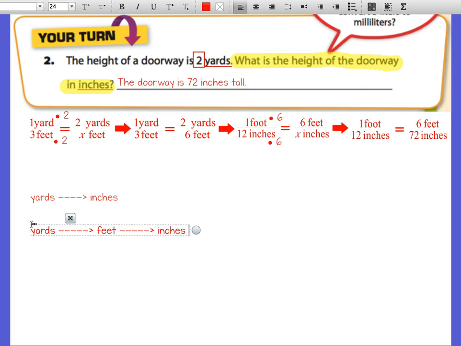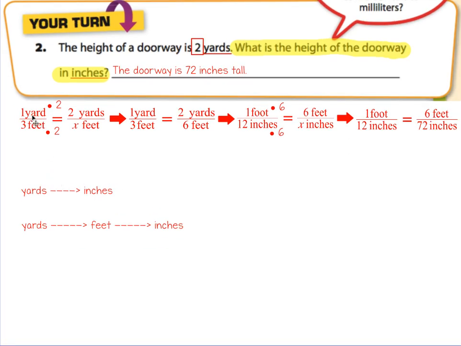I don't know why I put another line because we don't have to go past inches. Okay, so here what we did was we said, all right, we have 1 yard for every 3 feet and we have 2 yards, so we're going to convert those 2 yards to feet. To go from 1 yard to 2 yards, I multiply by 2, so I'm also going to double the feet. Okay, so that gave me 6 feet.